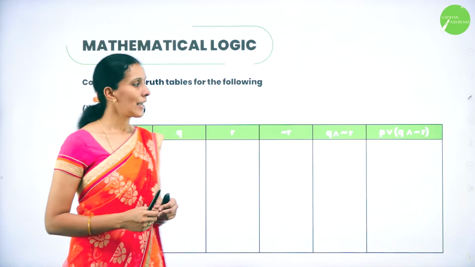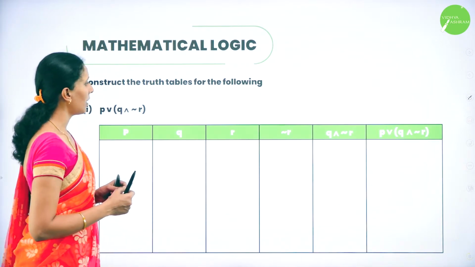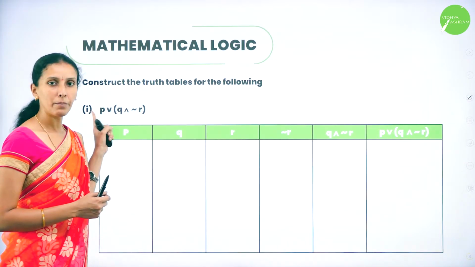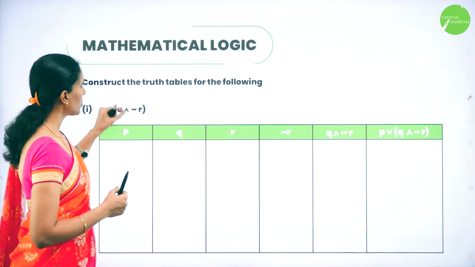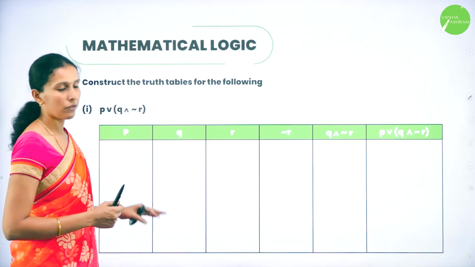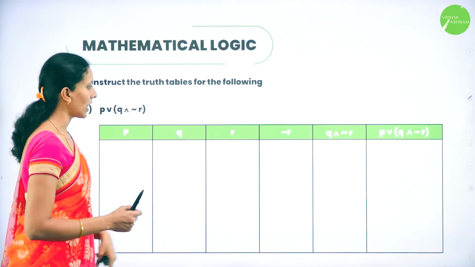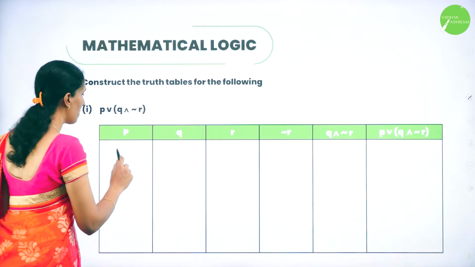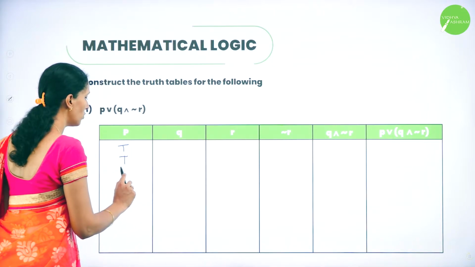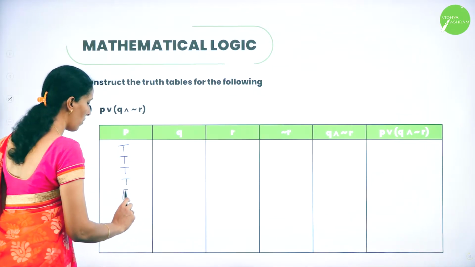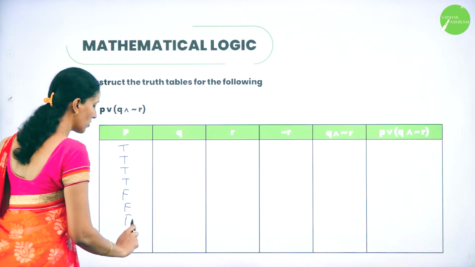Next we have construct the truth table for the following. So here one proposition is given. We need to write the truth tables for all the following. So how to write the truth table? So here I have three terms. So let me take P as true, true, true, true, false, false, false, false.